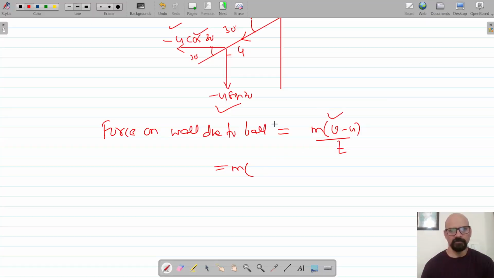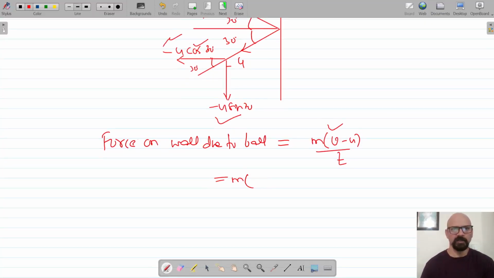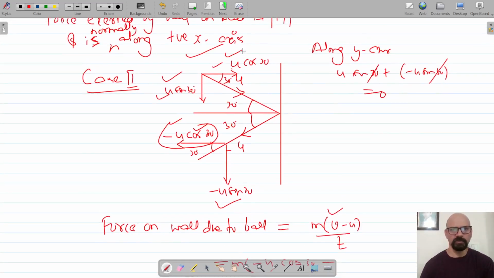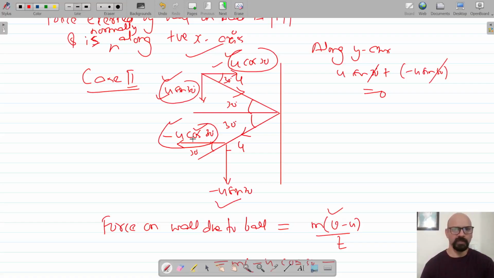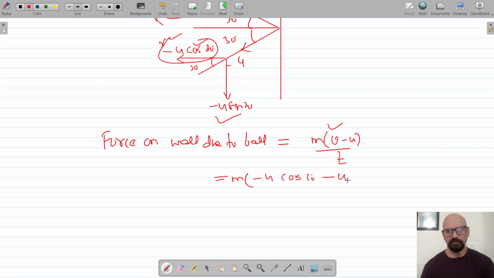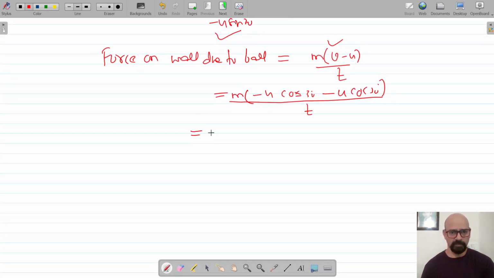So here the final velocity is negative u cos 30 degrees, and the initial velocity was u cos 30 degrees. The vertical components are cancelled out. So this is negative u cos 30 degrees minus u cos 30 degrees, divided by the time, so that it gives me minus 2 m u cos 30 degrees divided by t.